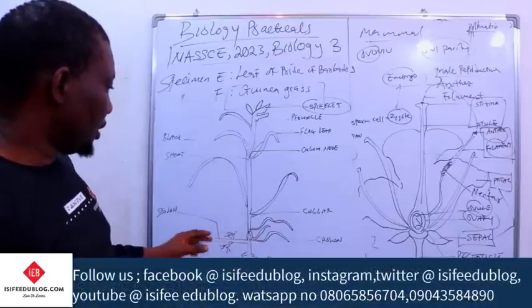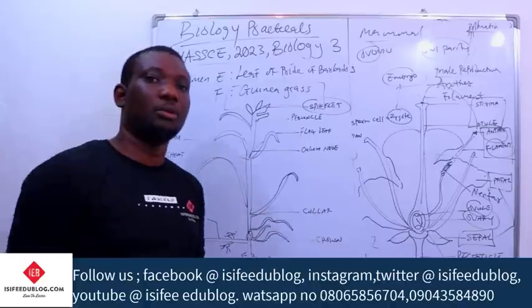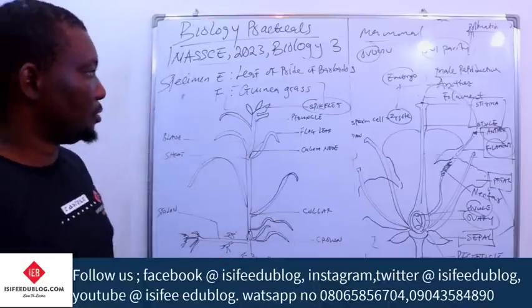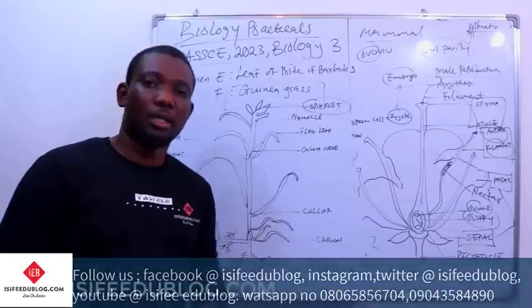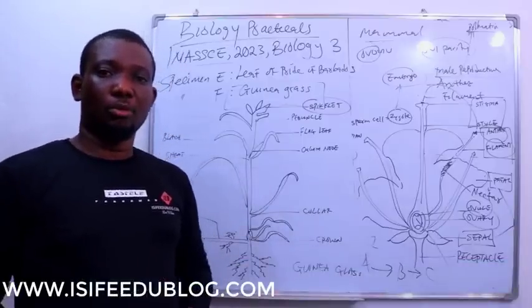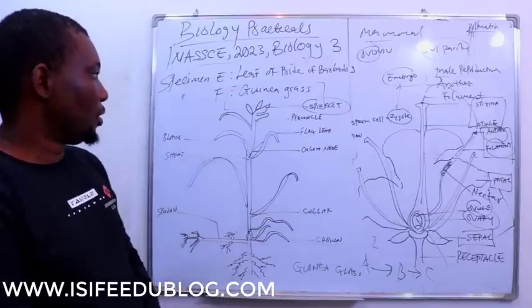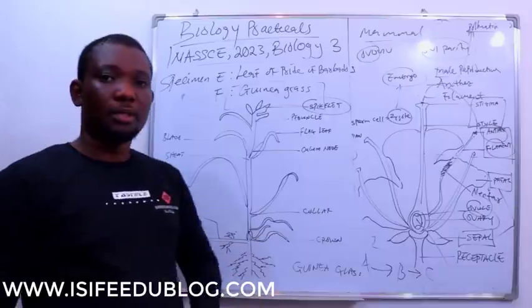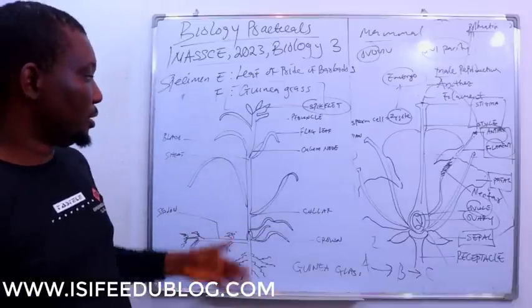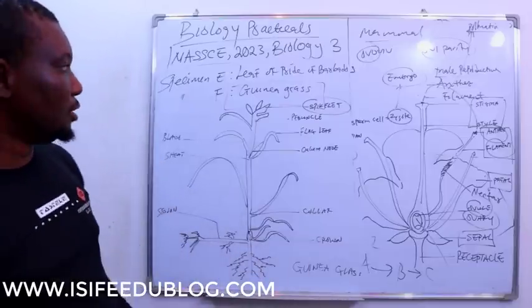Again, looking at the structure, you now see there is a creeping stolon, which makes it possible for this plant to easily spread around in a farmland, and in that way become so unwanted. So they grow as weed, inhibiting other plants, and that's why the plant becomes so unwanted because of how fast they grow.